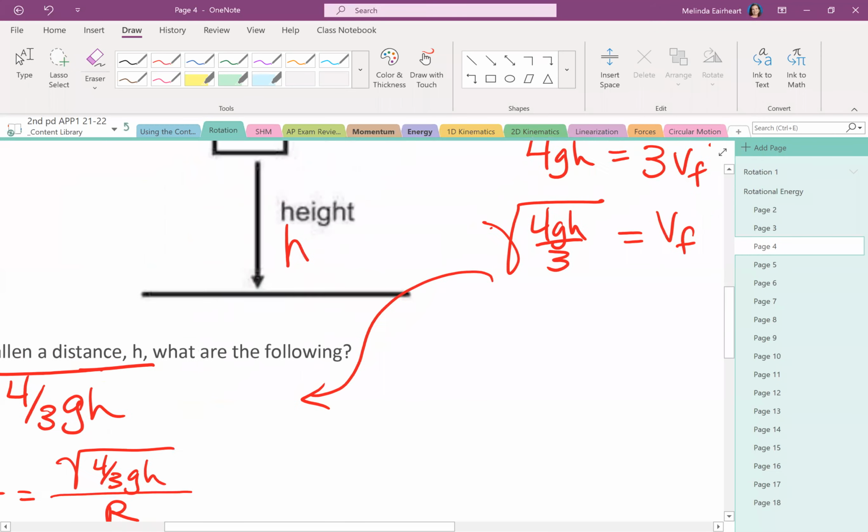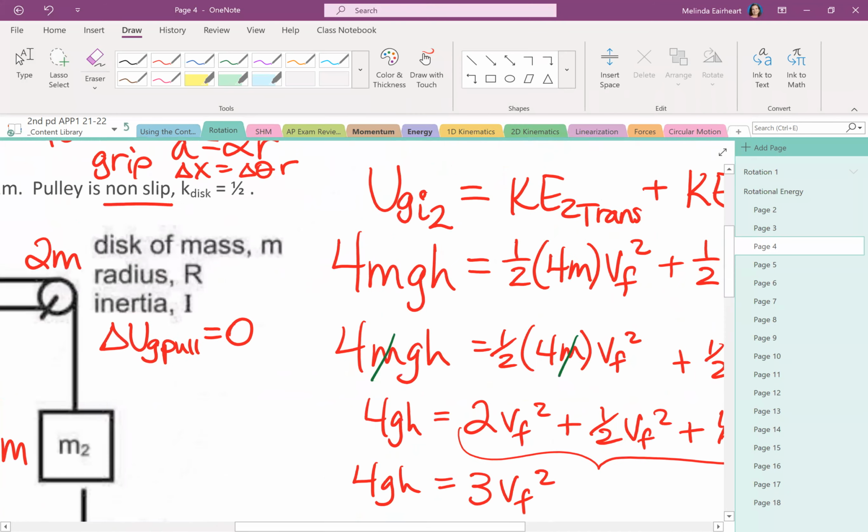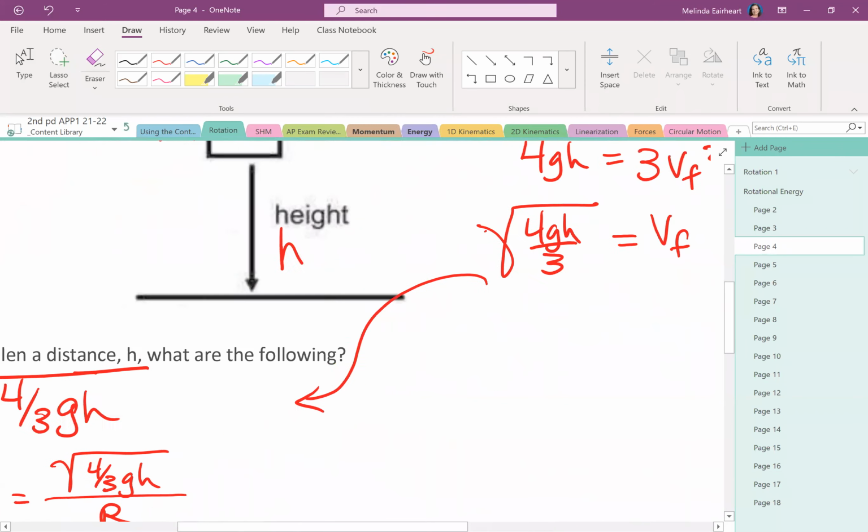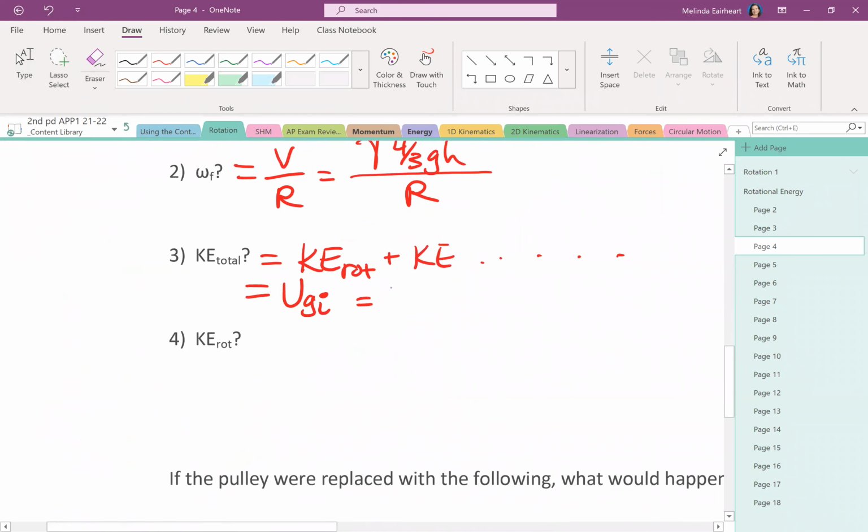In our statement, it all began with our total kinetic energy. So if we look at this as KE total, doesn't it just equal mgh? 4mgh, there we go. And so it equals that 4mgh.